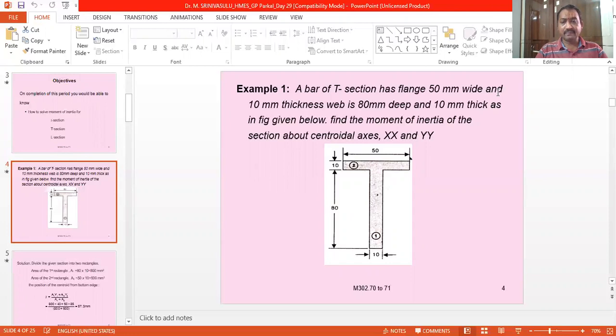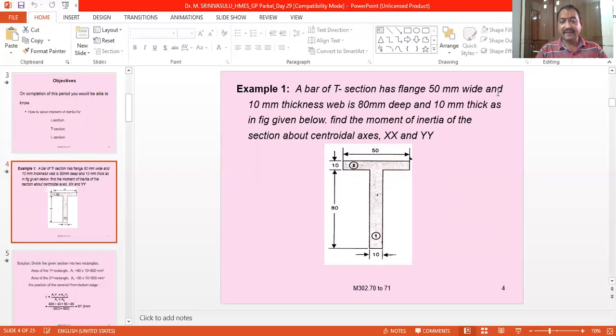Find the moment of inertia of the T section about central axis XX and YY. So this is the problem given.